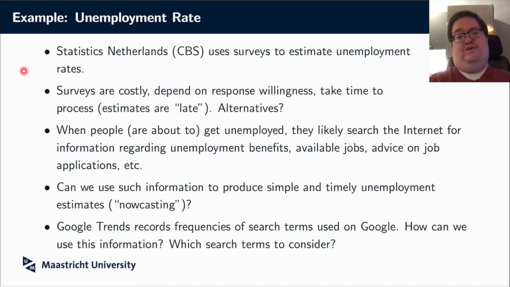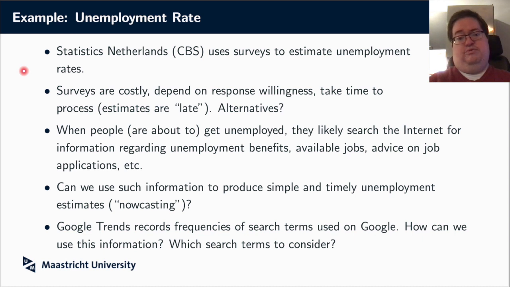Maybe they will look for advice on how to set up their job application, how to write their CV. So if we could have information about how often people search these things, maybe we could use that to produce simple and timely unemployment estimates, because these data are available, for instance, on Google.